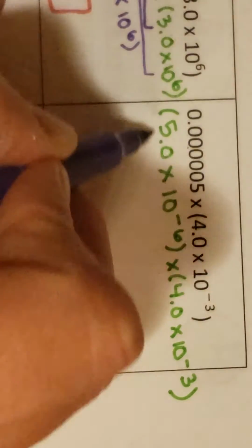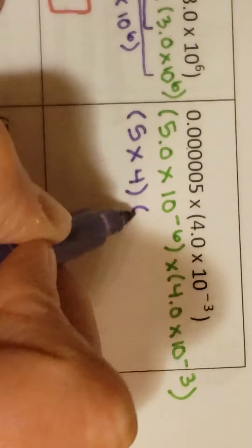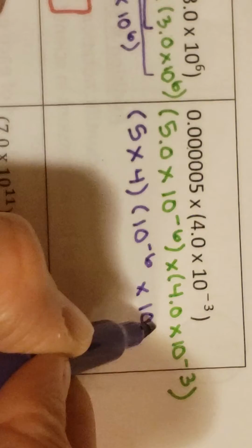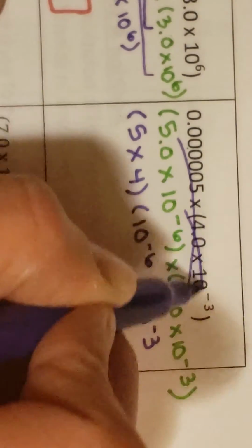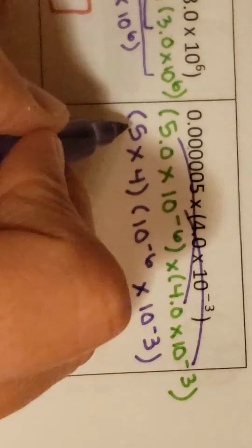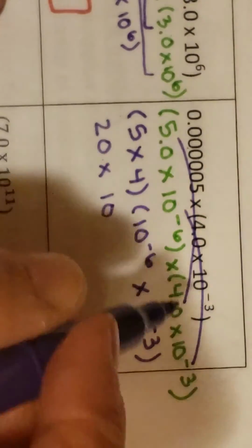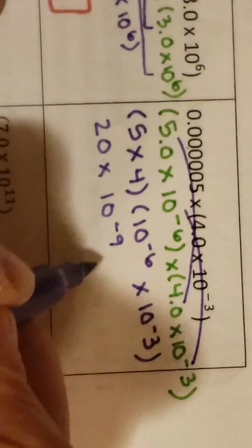And then do 5 times 4 and 10 to the negative 6th times 10 to the negative third. We're combining this part and then this part. Okay, 5 times 4 is 20 times 10 to the negative 6 and negative 3 are negative 9.